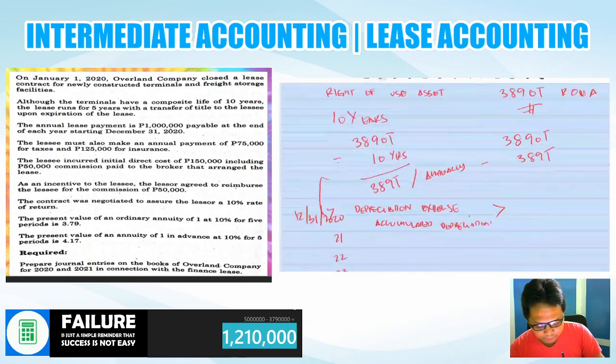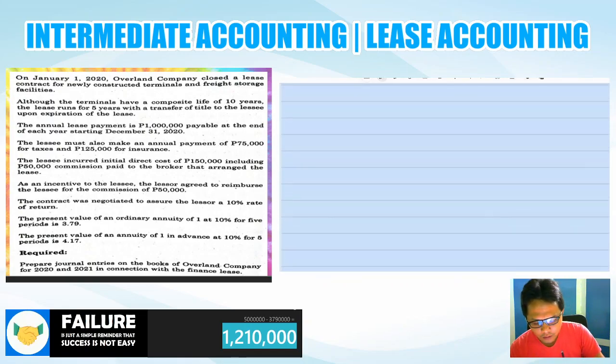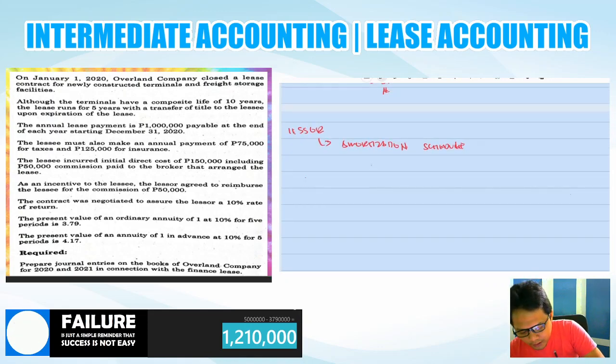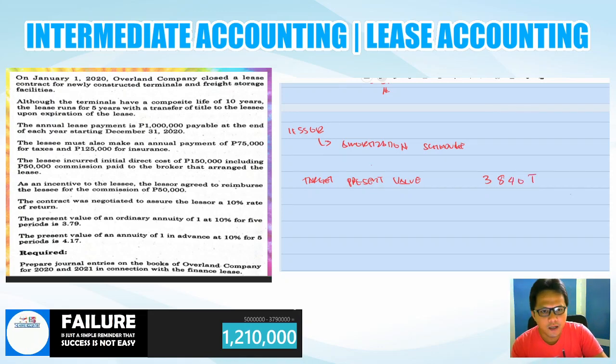So, our target present value, di ba, is 3,840,000. Ito yung hahanapan natin ng applicable na effective rate or implicit rate. Yung 3,840,000.